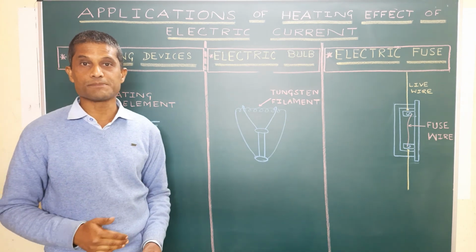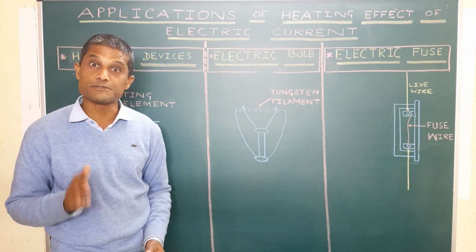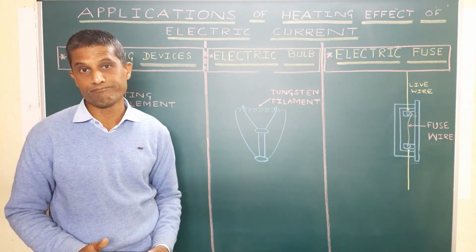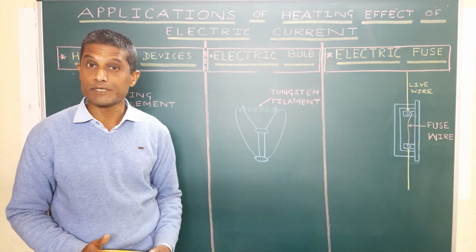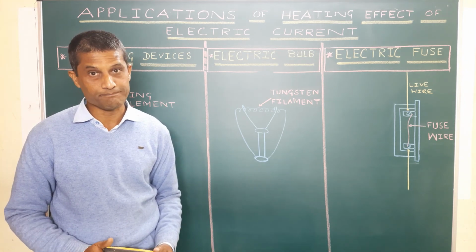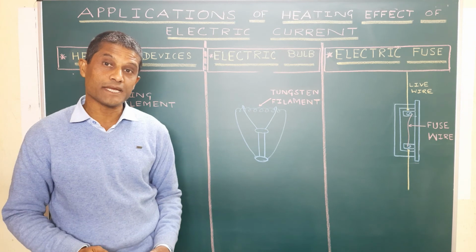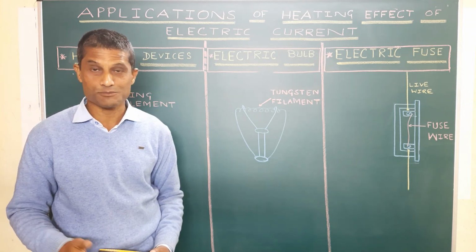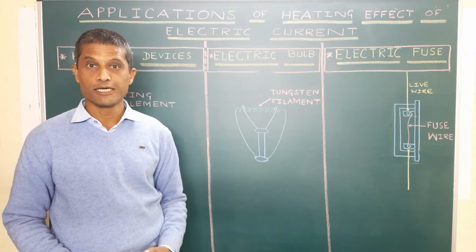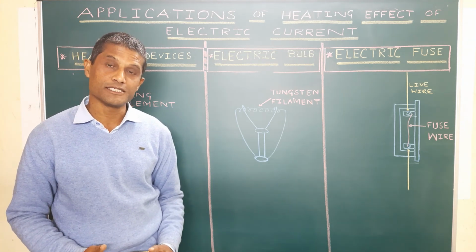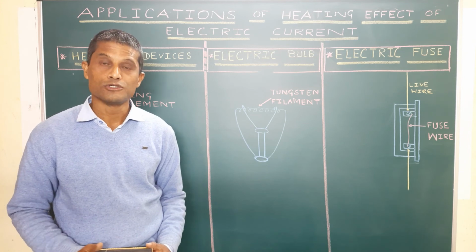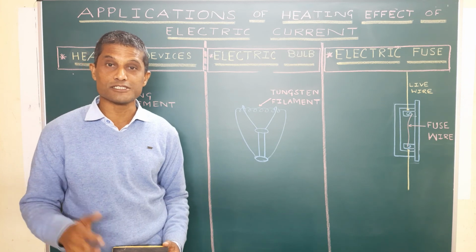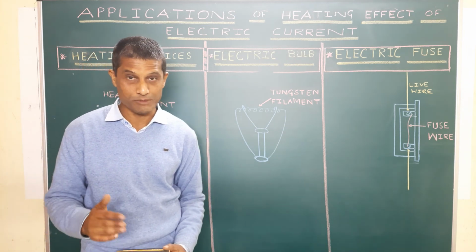Remember, these devices which I have named earlier have a high resistance coil, especially made of nichrome. Nichrome is an alloy predominantly made of nickel and chromium. Its resistivity is very high, and hence its resistance is also going to be very high, as we are well aware that the resistivity of a material is numerically equal to the resistance of a conductor made of that material, having length equal to 1 meter and area of cross section 1 meter square.